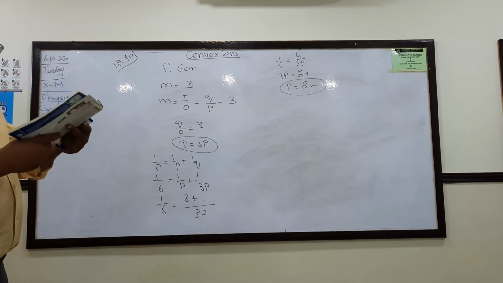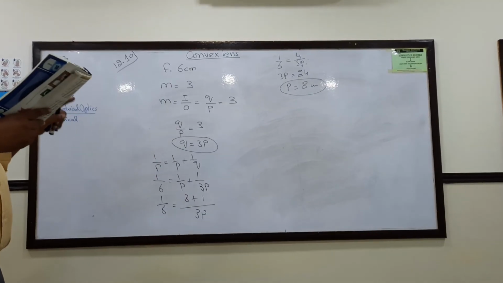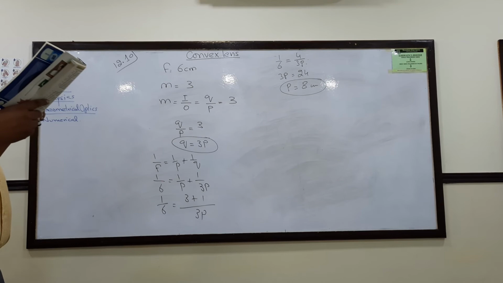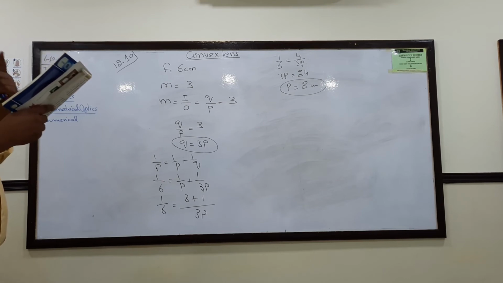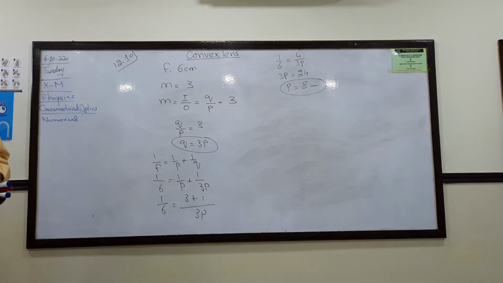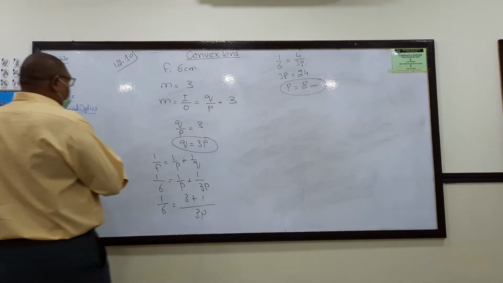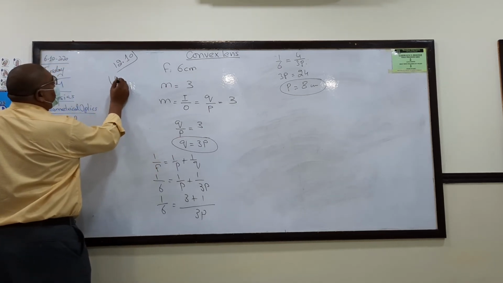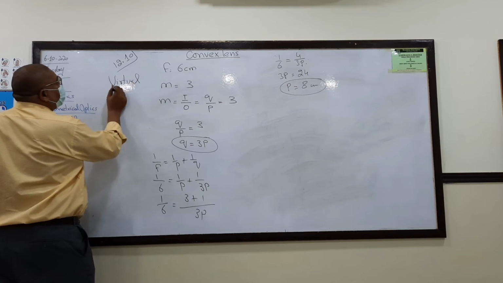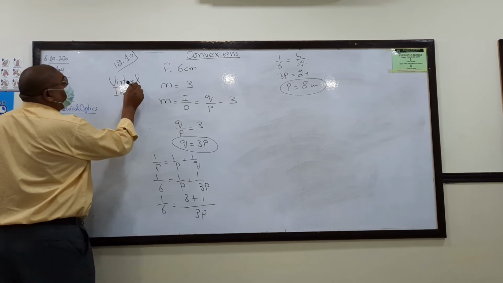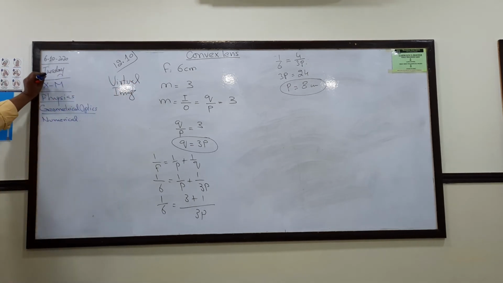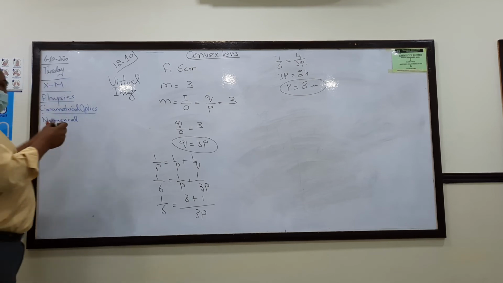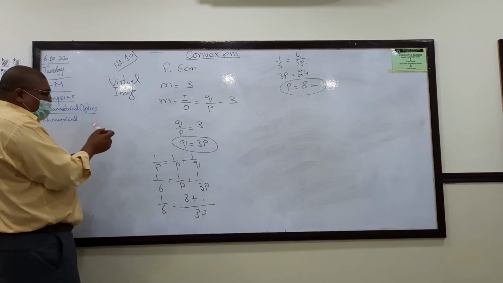He says, a convex lens of focal length 6 centimeter is to be used to form a virtual image. Oh, yes, one thing we forgot. It was what? Virtual image. We have forgotten this thing. If it's a virtual image, the value of Q should be taken as negative.